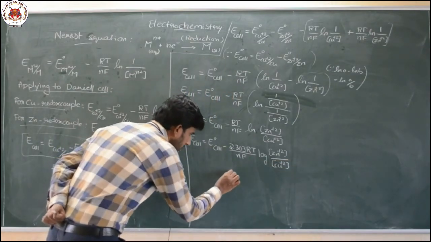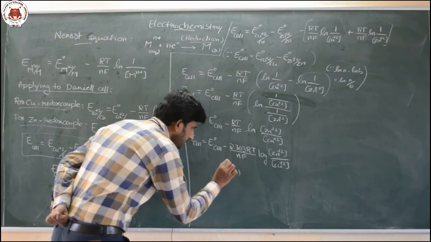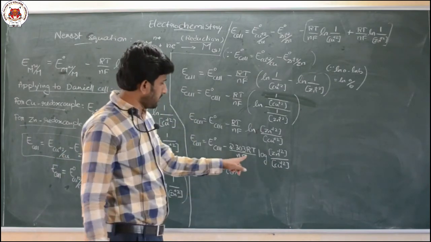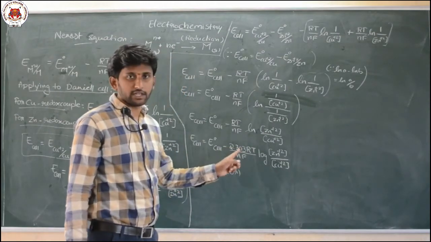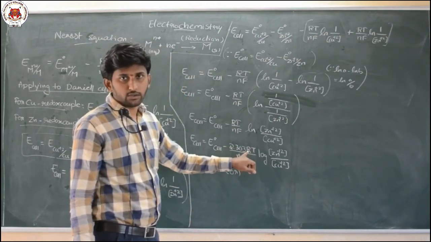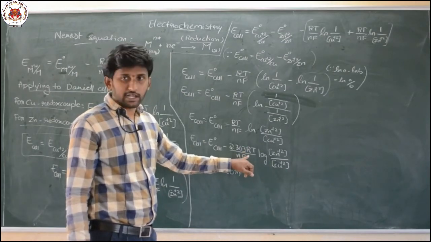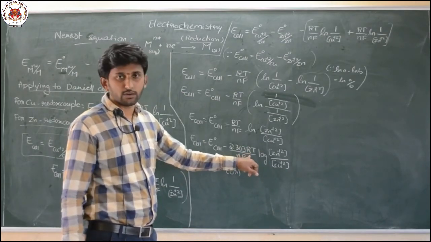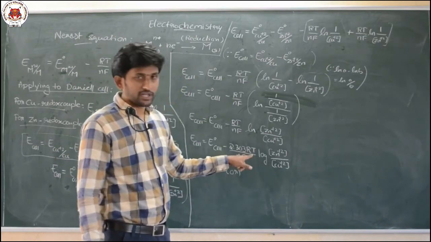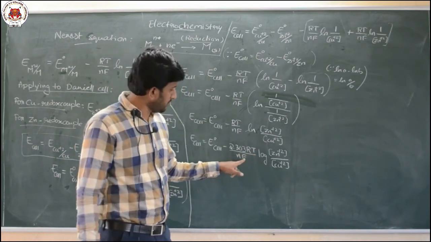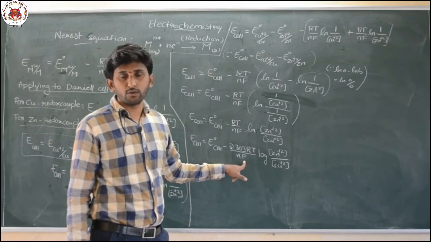Or if you substitute the R value, T value, F value, then you can write the final equation. What is R? Universal gas constant. In the last class we have seen R is equal to 8.314 joule per Kelvin per mole, temperature 298 Kelvin, Faraday 96,500 coulombs per mole.